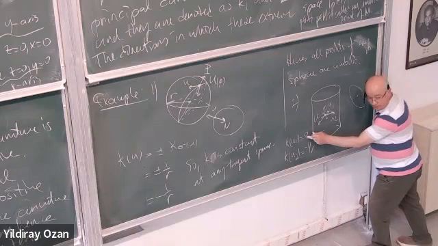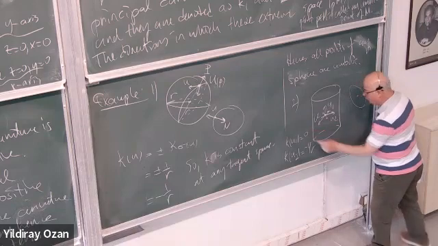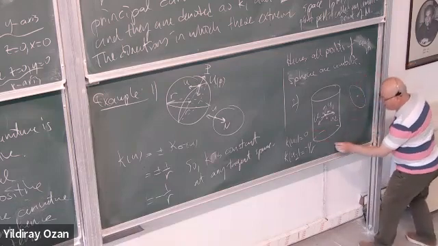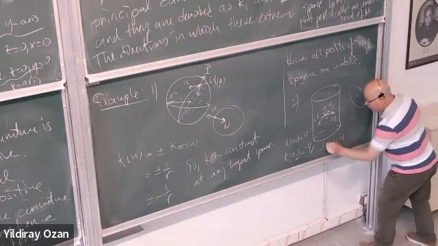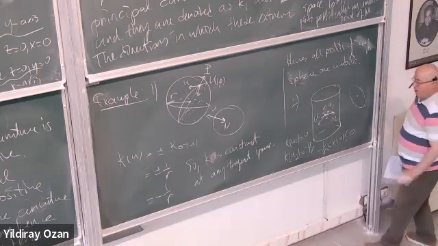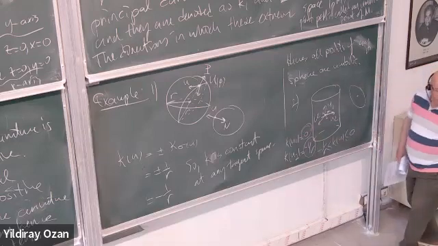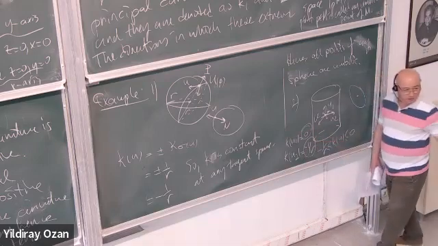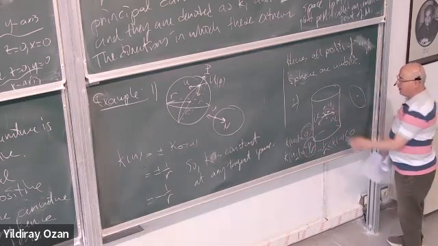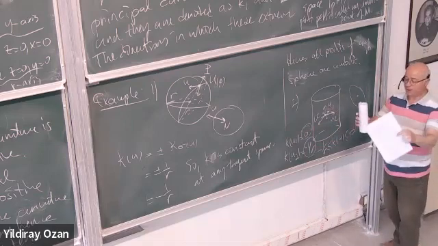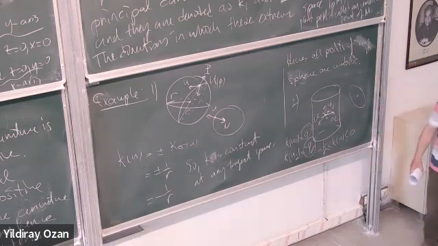No, in this case, it is the maximum, and this is the minimum. So these are the principal curvatures. If you choose any other direction, k of u will be between minus 1 over r and 0. So this is the maximal value, this is the minimal value. These are the principal curvatures. And principal directions are u1 and u2, right? Principal directions are this one and this one. Okay?